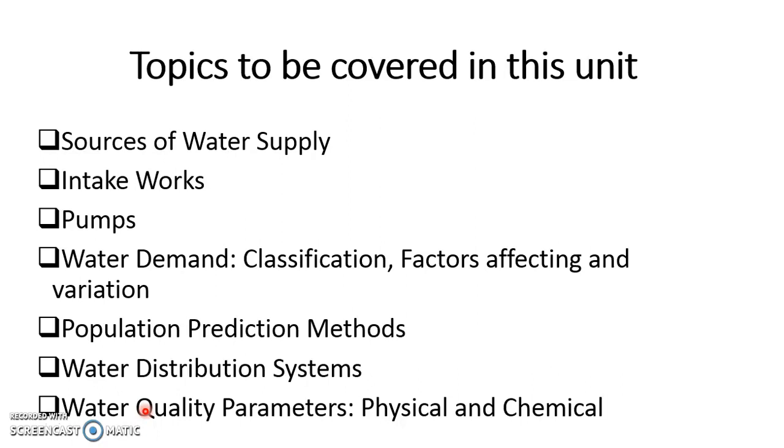For example, color of water. If the water is colored, you can see it with your naked eye. And obviously, colored water is not potable water. You cannot drink it. If anyone offers you a glass of colored water, no one is going to drink it. Okay. So this is a physical parameter. Color is a physical parameter.